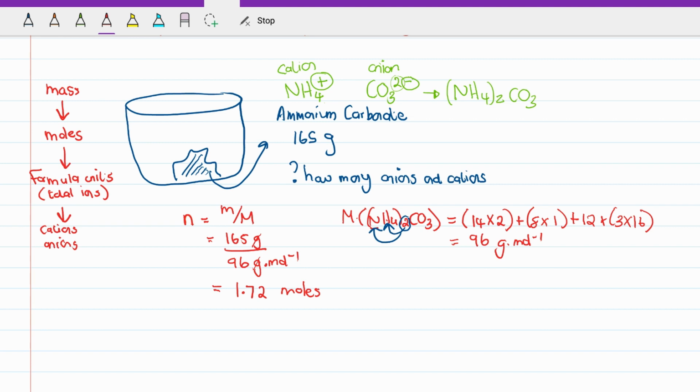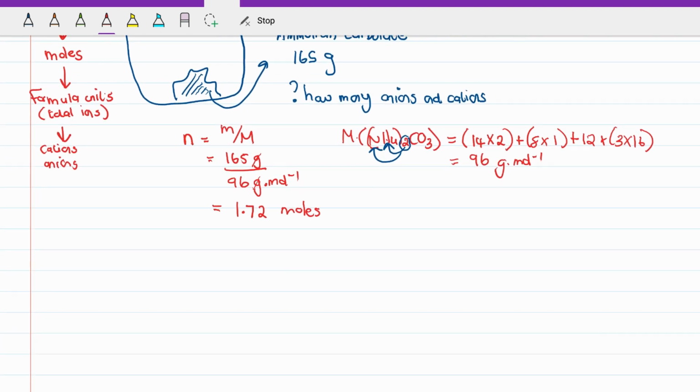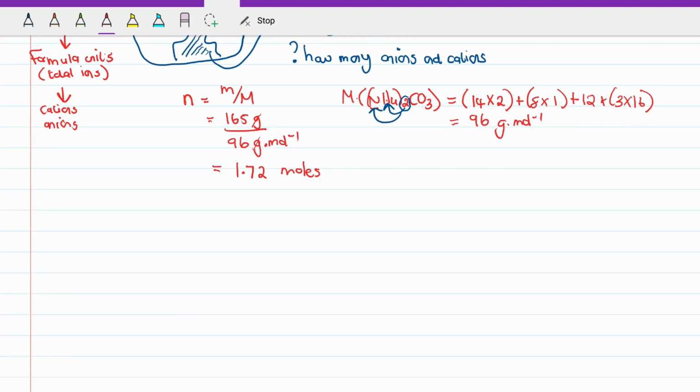Now we just need to calculate how many formula units I have, and this is where you will use Avogadro's number. Formula units will be the moles multiplied by Avogadro's number, and you will see that it gives you this as an answer.